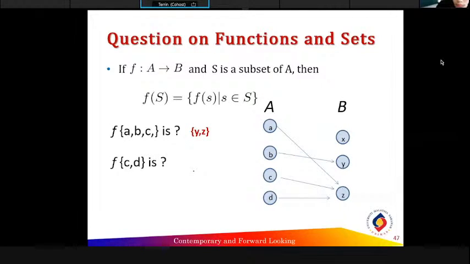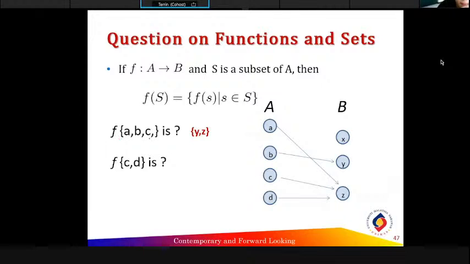So if F maps from A to B, and S is a subset of A, then we know that the function for S is the same as the function applied to that subset of elements, such that s are elements of subset S. So if you have A, B, C, D, you have X, Y, Z, again the same function.